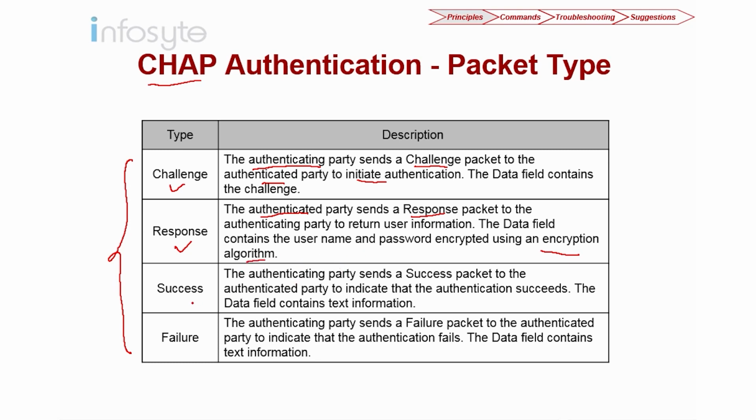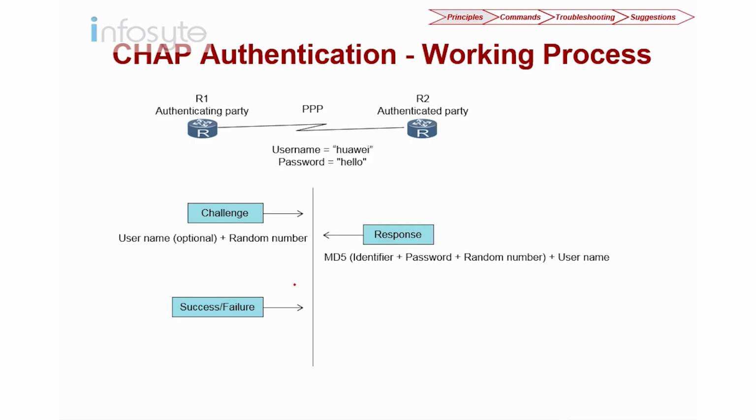Now the end result will be either success or failure. Success, as its name suggests, means the authentication is successful, else it failed. As you can see from here, this is the authenticating party using the username and password as a hello. The authenticating party sends a challenge. The authenticated party will send an MD5 response, as compared to the earlier one.